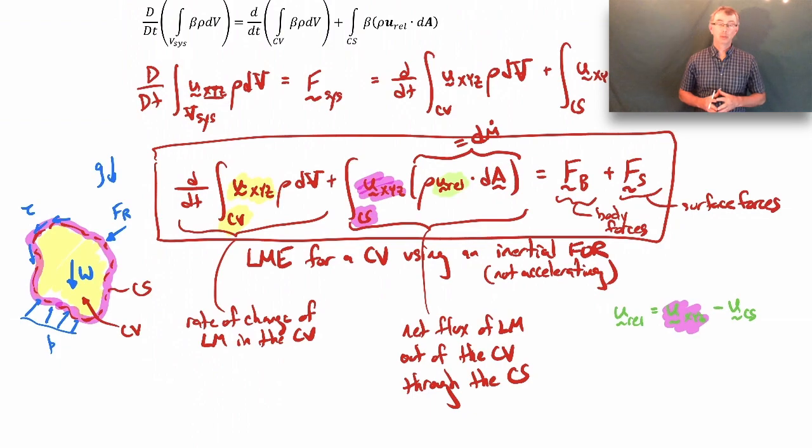So those are all the terms in the linear momentum equation. Again, this version of the linear momentum equation is specifically for an inertial frame of reference. Now, why do I keep highlighting that? When you use a coordinate system that's accelerating, a non-inertial frame of reference, that might be a coordinate system that's rotating, accelerating rectilinearly, going in a straight line faster and faster, or moving along a curved path, then you get fictitious forces, things like a Coriolis force and centripetal kinds of forces.